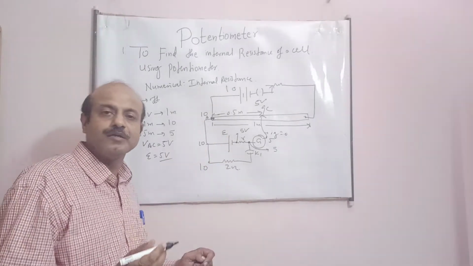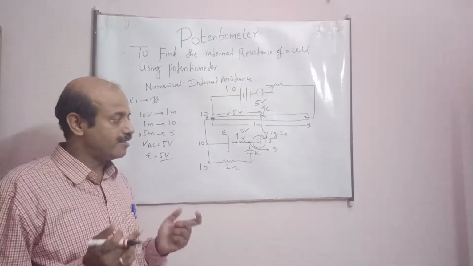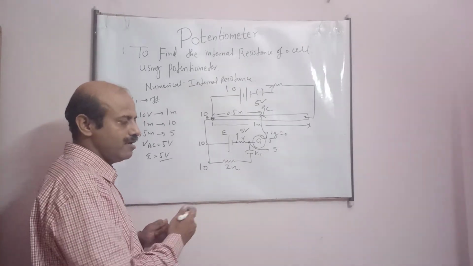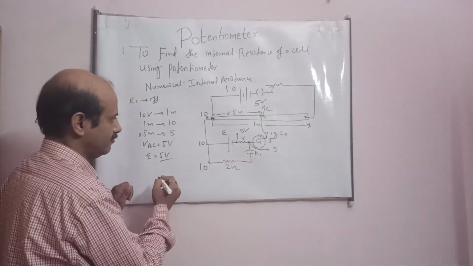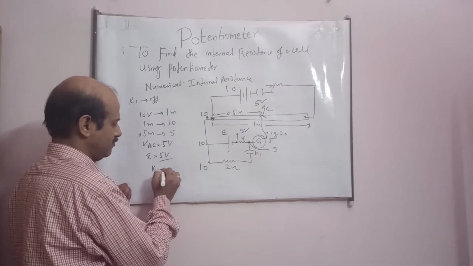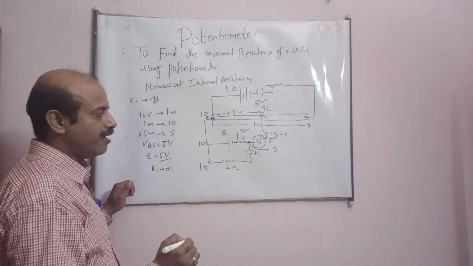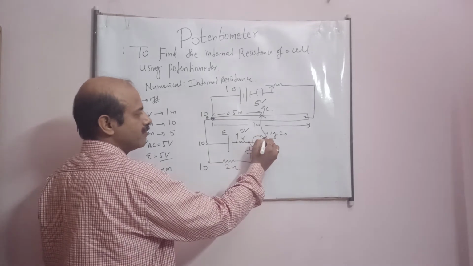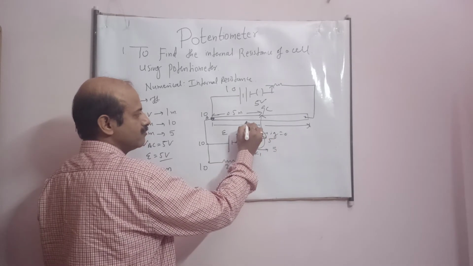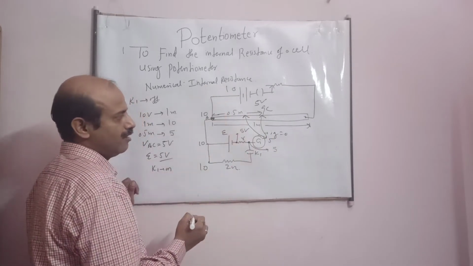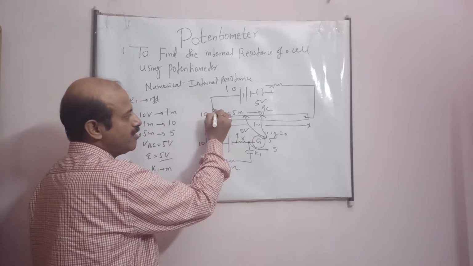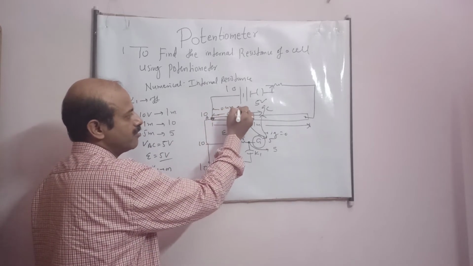Now you see, student, how I will find the internal resistance. Now I will make this key on, and again I will find a null point. Suppose this null point is at 0.4 meter.